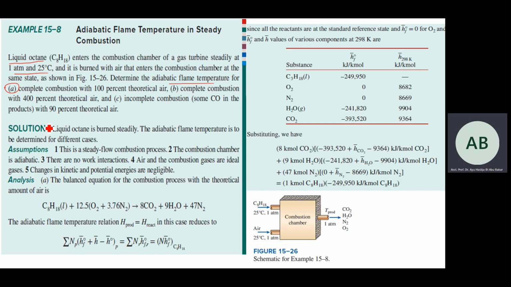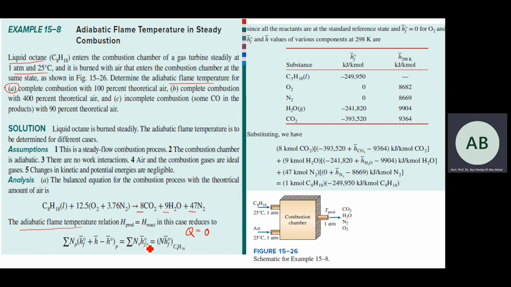For part A, with 100% theoretical air, as always the first step is to generate the combustion equation, where you come out with the moles of product gases. We know that for adiabatic flame temperature, H product equals H reactant because Q equals 0.